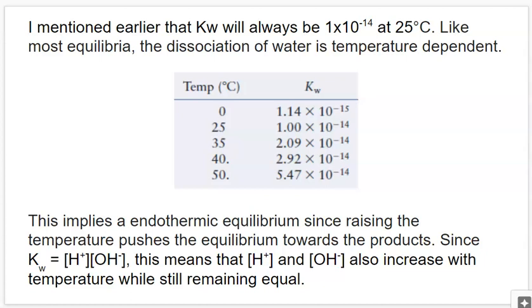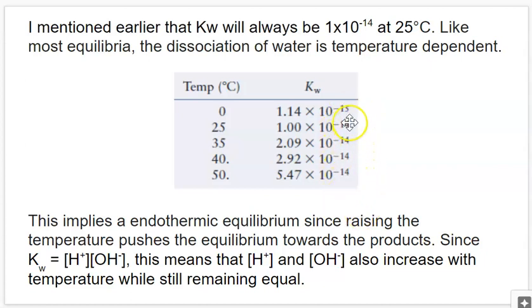All right, so I mentioned earlier that Kw is always 1 times 10 to the negative 14 at 25 degrees Celsius. Well, this is an equilibrium constant, and equilibrium constants are temperature dependent. So the dissociation of water is also going to be temperature dependent. If we look at this table here, we can see as we increase the temperature, the Kw starts to go up.